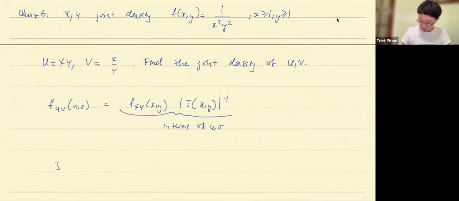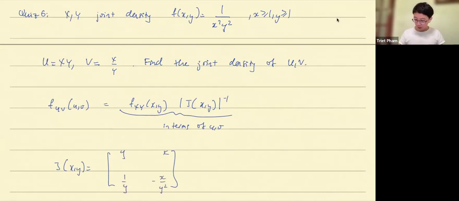The Jacobian will be: partial u over partial x, which is y, x, and then partial v over partial x is 1 over y, and minus x over y squared.